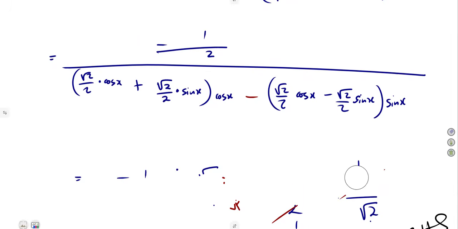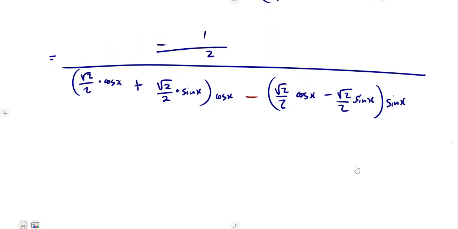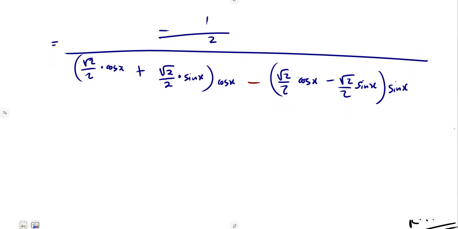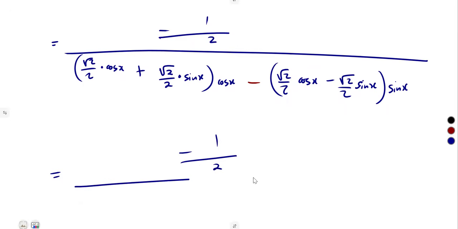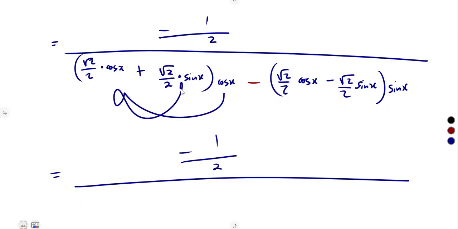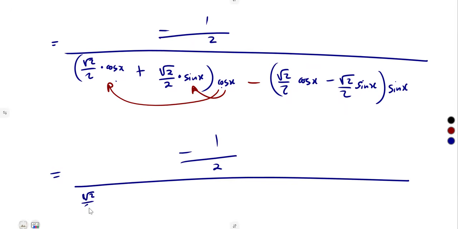We simplify, guys, as we are to simplify the denominator. The numerator is not affected. It's just going to remain as it is. So on the numerator, minus 1 over 2 is going to remain. But the denominator now, we can expand here by cos inside. So distribute by cos. Cos is going to multiply cos. It's going to multiply sine here. So that's cos times cos, which is cos squared. Square root of 2 over 2, cos squared of x.